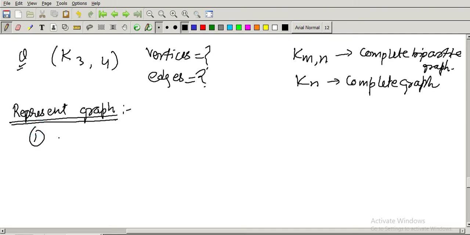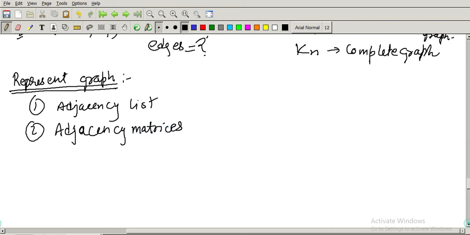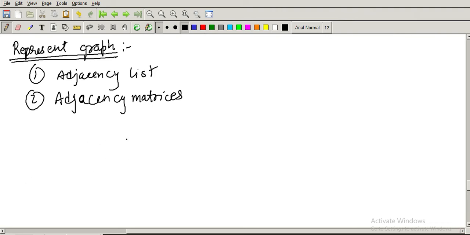First is using an adjacency list, and the second way is adjacency matrices. In exams they will ask you questions about representing a graph in these two forms.